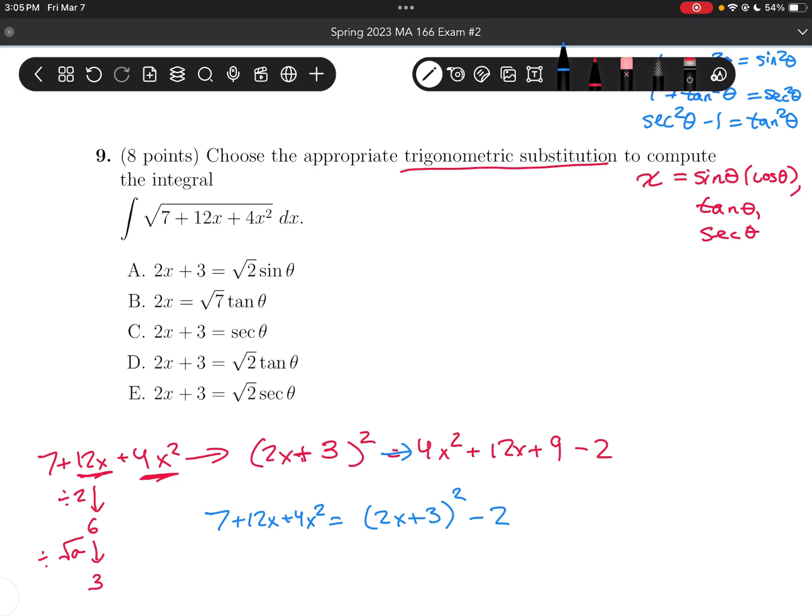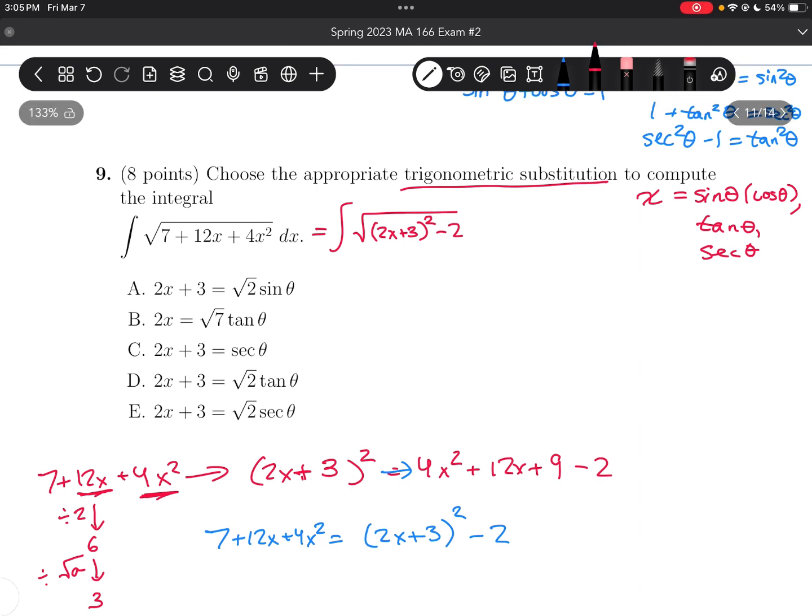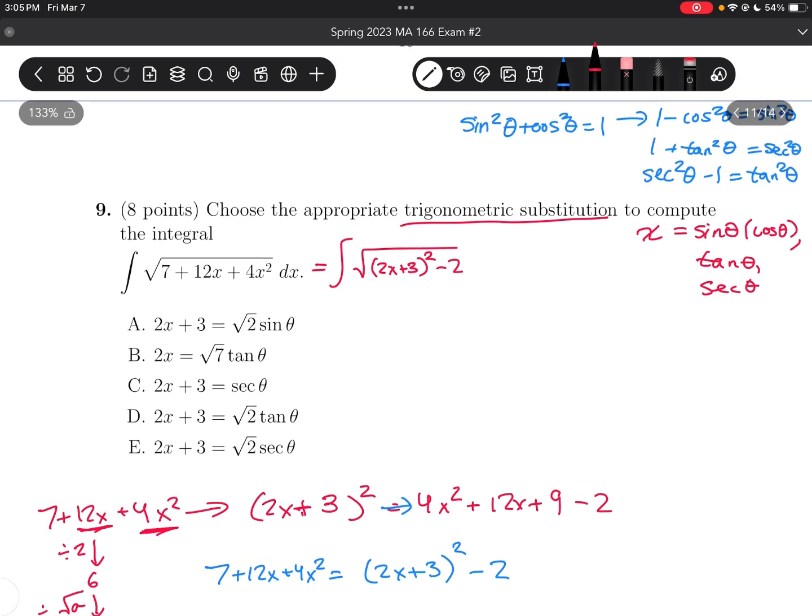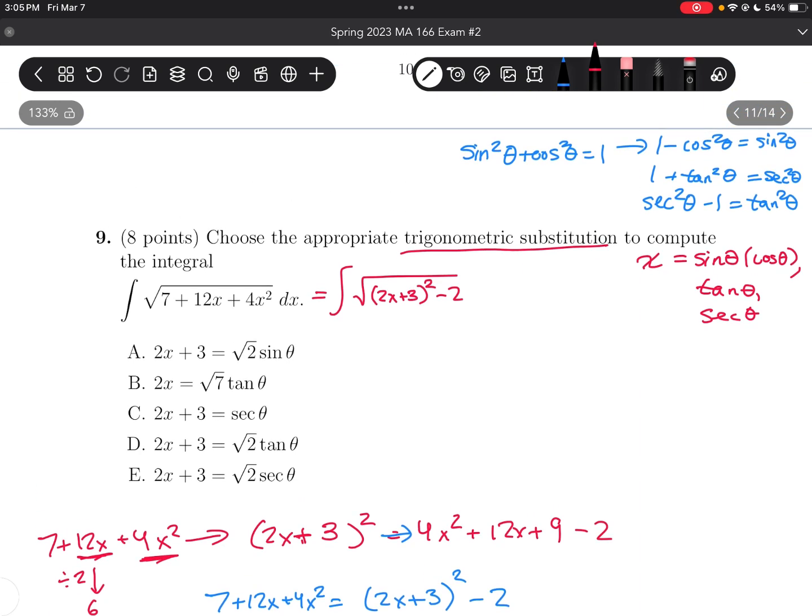Okay. And now I'm going to go back up to the integral and rewrite this as such: (2x plus 3) squared minus 2. Now, whenever I'm trying to figure out which trig subs to do, the first thing I do is factor out the value of this constant.